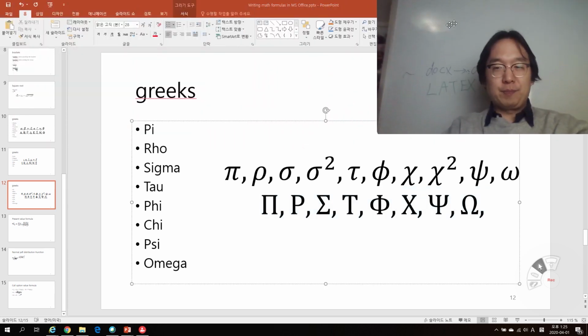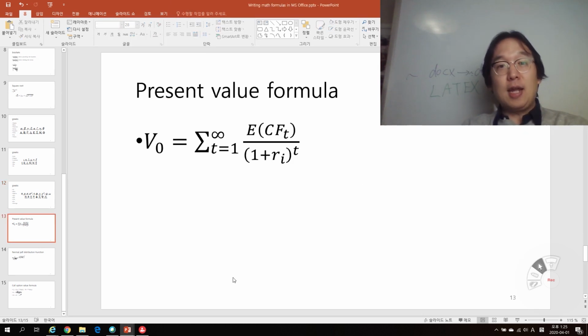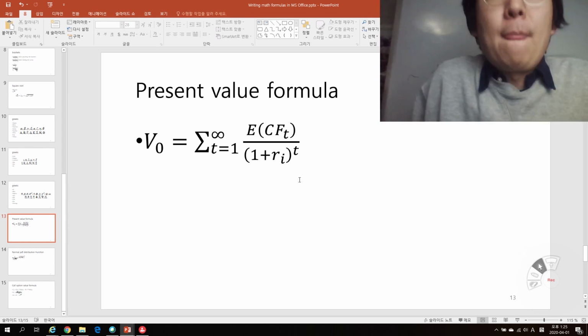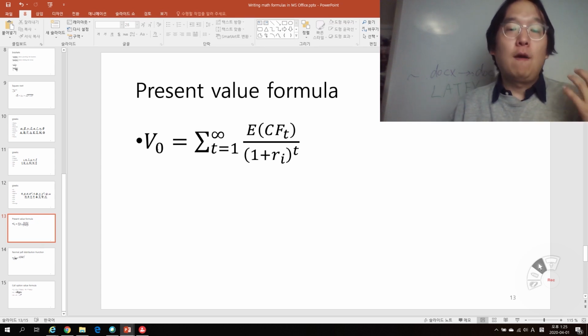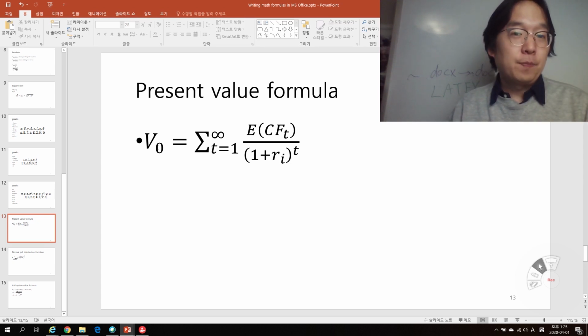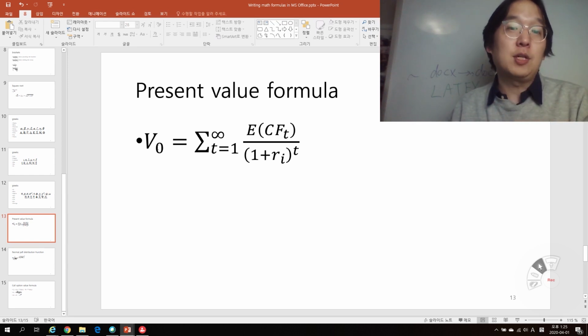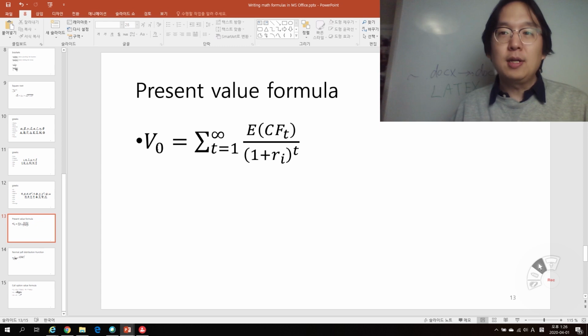All right. Good. The next slide is about present value formula. Yeah, this is finance, so you need to master this one. Okay? So what is this? This is the value of a company with the expected future cash flow. So that cash flow starts from year 1 and it goes until infinite horizon. And then the discount rate relevant to this, right?